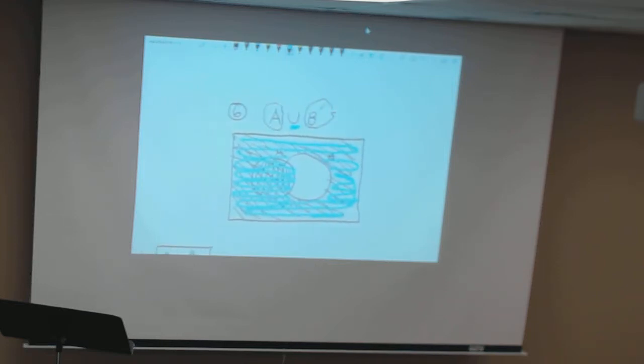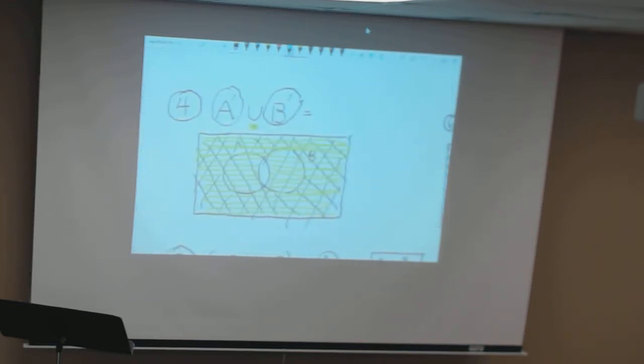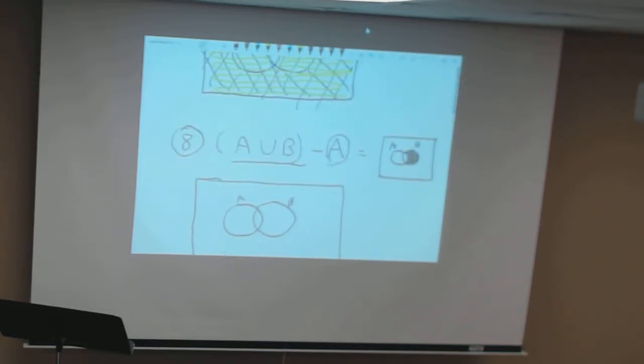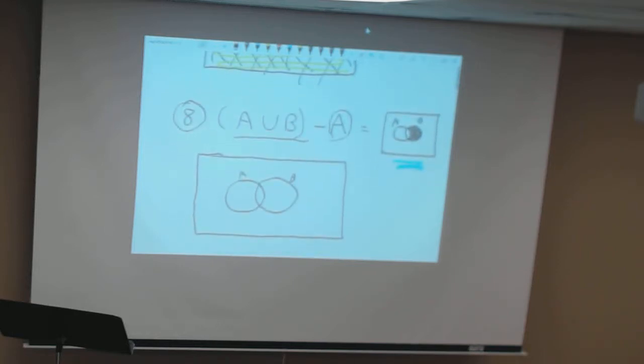Well, let's go to number 8. Now here's the answer to number 8 sitting out here. You go, how do we get that? Okay, let's go back to black again. The union of A and B. That would be putting A and B together, wouldn't it?